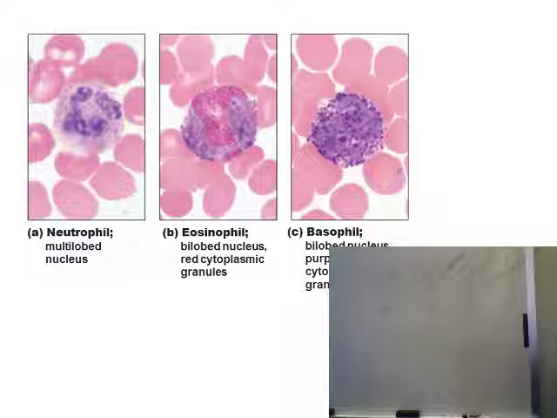So this is a neutrophil. This one is an eosinophil because you see the nucleus. Let's first see the nucleus. This is the nucleus, purple color. It is bilobed, but granules are red or orange color. This is a basophil. You see also bilobed nucleus, and the granules are purple color. So those are the granulocytes.